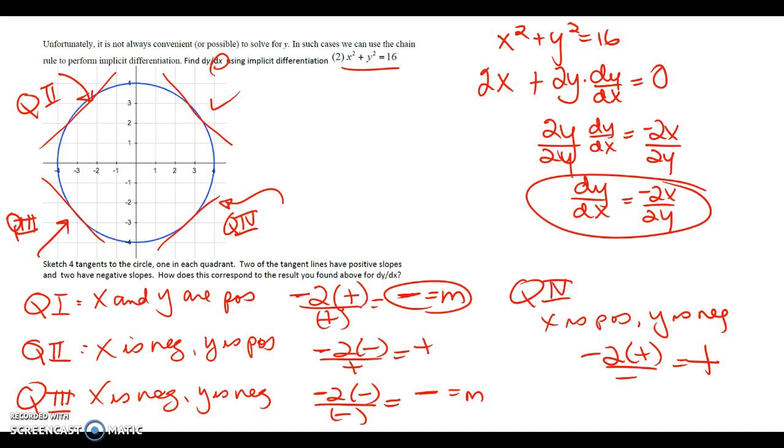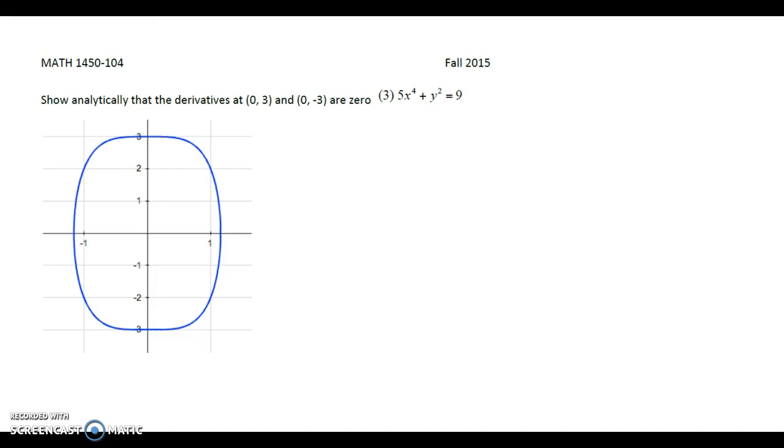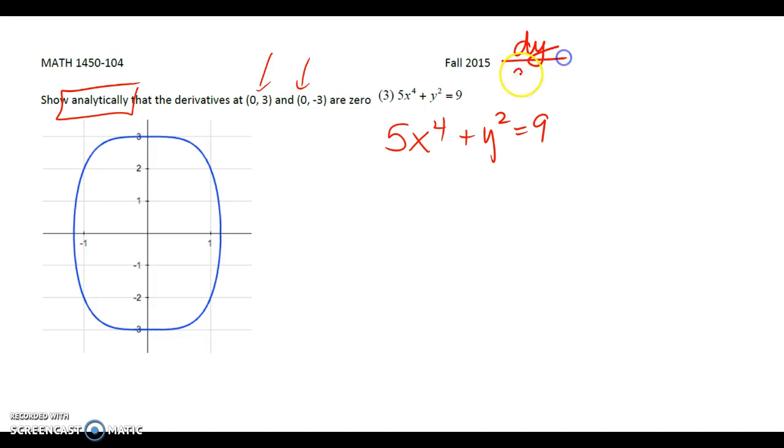Like I said, implicit differentiation is a good tool. All right, now it says show analytically that the derivatives at these points are 0. Well, first of all, we have to find the derivative of this equation and then plug the points in, right? So we have 5x to the 4th plus y squared equals 9. And again, we're finding the derivative with respect to x.